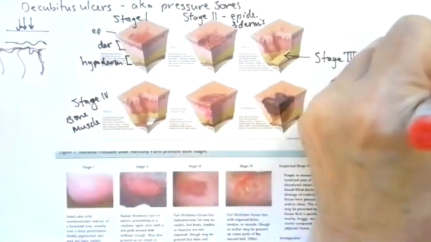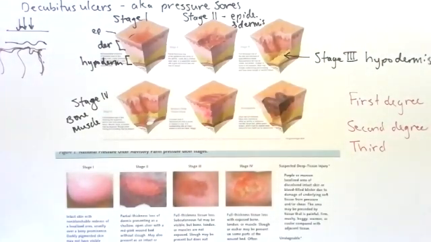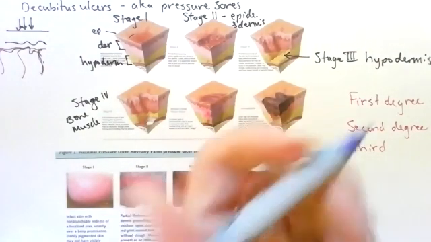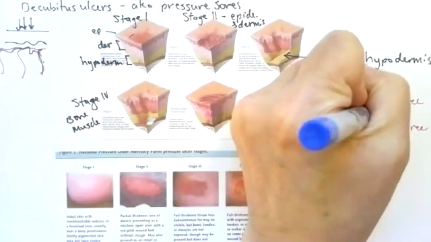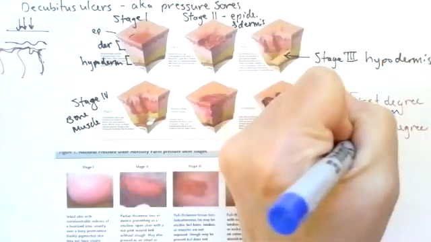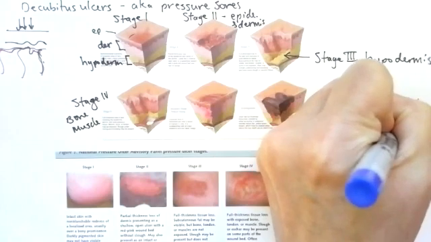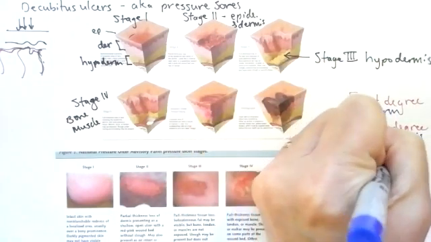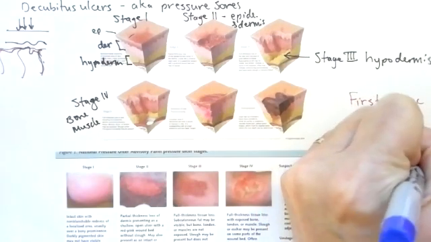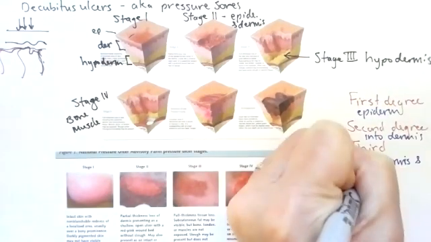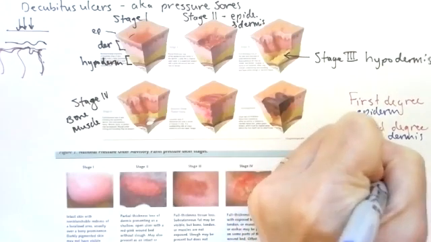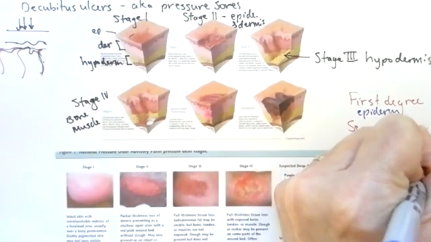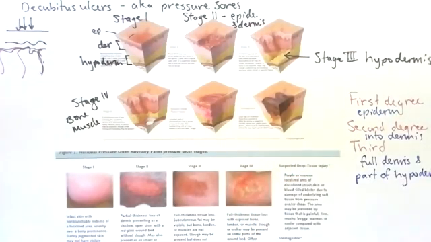So 1st-degree usually involves the epidermis, and this is general. 2nd-degree are into the dermis, and 3rd-degree is a full dermis and part of the hypodermis. These are burns.